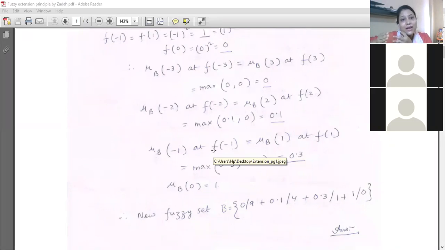Starting from 0 you can expect 1, 2, 3, and up to n. So these are all small x1, small x2, small x3, small x4, these are all the values of the linguistic variable small x at x equal to x1, x2, x3, x4.